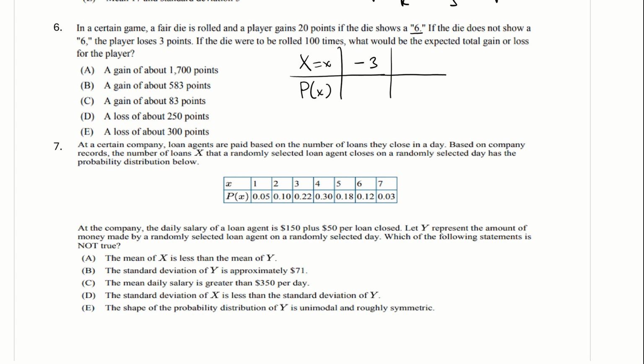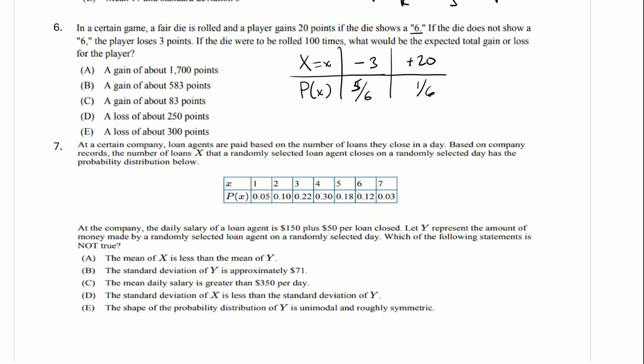And it says a fair die is rolled and it gains 20 points if the die shows a 6. Okay, so then we can get 20 points for there, okay? And so in this case, we get plus 20 points if we get a 6, and then if we don't, we get a 5 out of 6 chance of losing 3 points, right?